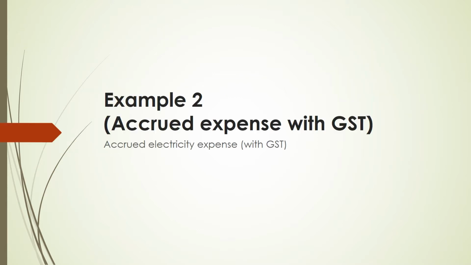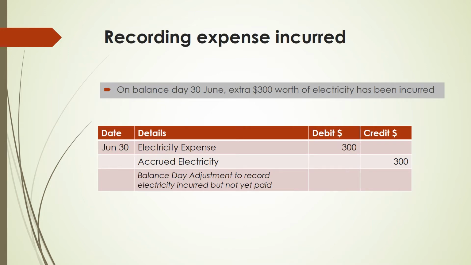Our next example of accrued expense relates to a transaction that attracts GST. So here in this example, on balance day 30th of June, an extra $300 worth of electricity has been incurred. So to recognize this electricity expense incurred, we debit the electricity expense account for $300 and we credit the accrued electricity account for the amount of $300.